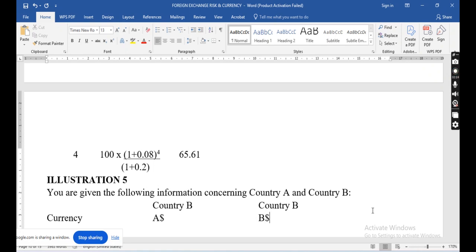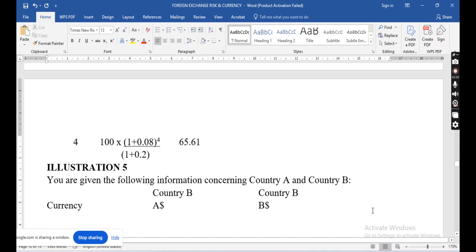It could be direct quotes and indirect quotes, but we mostly looked at the direct quotes. Then we started the formulas and everything. And we also looked at the depreciation of currencies.